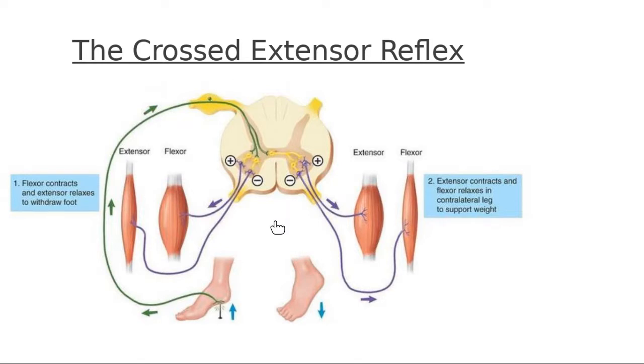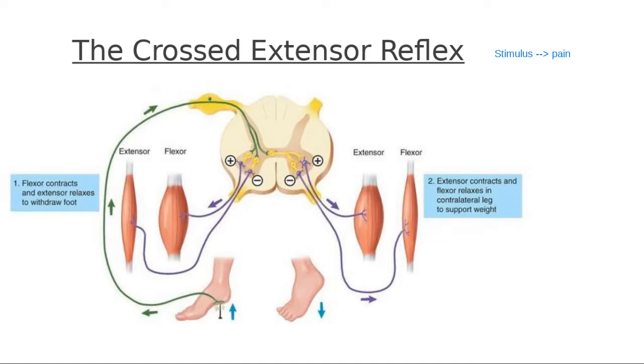Let's talk about this one since it's up right now. We'll go back to the other one. When we talk about the crossed extensor reflex, we just said that our stimulus is pain. Are we going to say that this one is cranial or spinal?